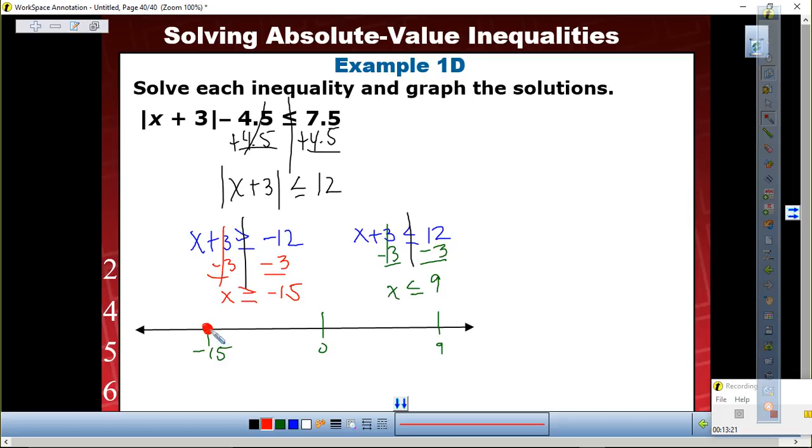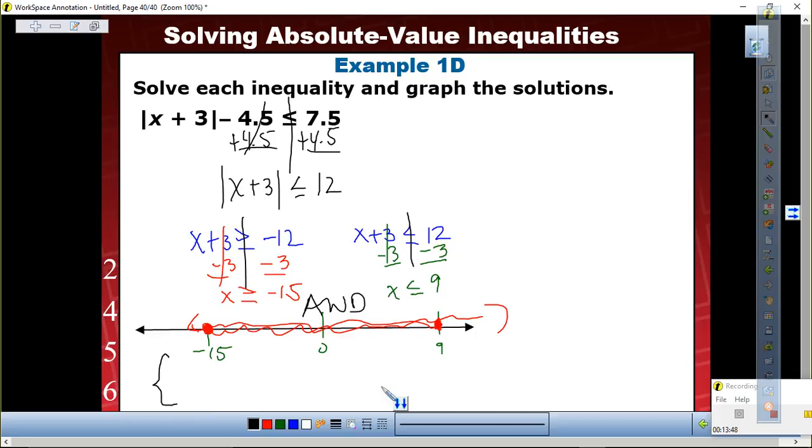Okay. Red circle on 9. Do the same thing to 9. Okay, and then draw them. So draw -15 going right, and then 9 left. And this is an and. Pass someone.